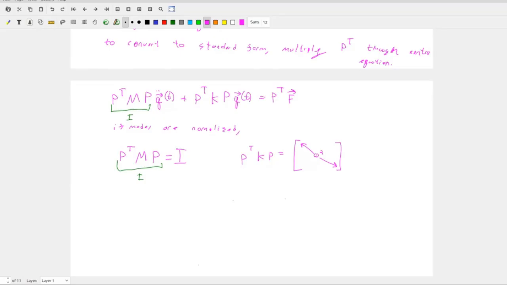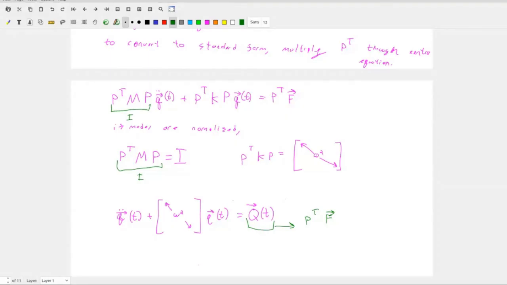Okay, so this then becomes Q double dot vector of T plus omega squared on the diagonal of a matrix, Q vector of T, is equal to little Q vector of T. Oh yeah, this little Q vector of T, that's just P transpose F vector, right?